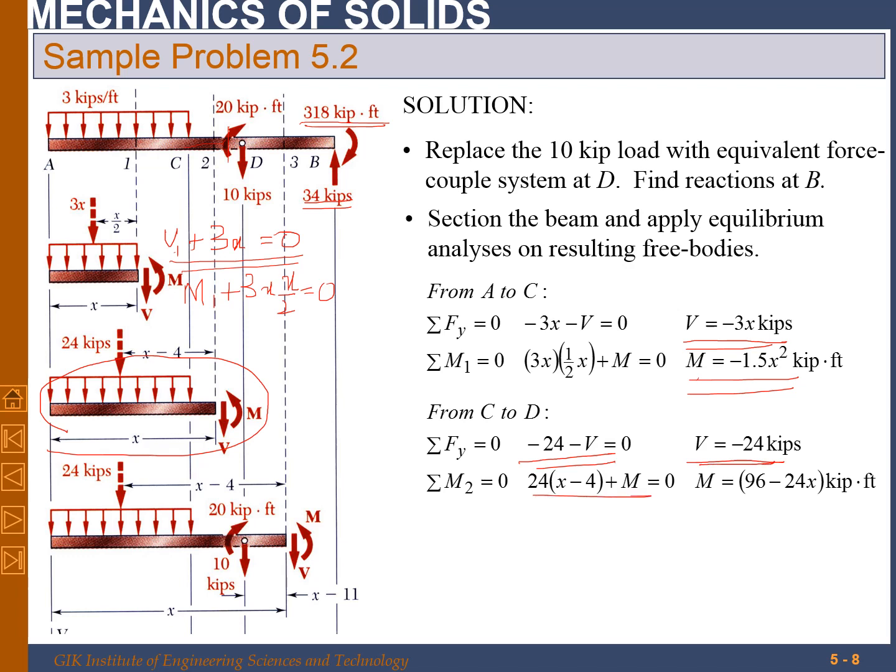So if I want to write the expression for moment for this, it will be simply M2 plus 24 is the force, and the distance is x minus 4, is equal to 0.